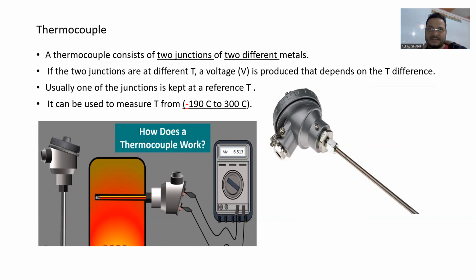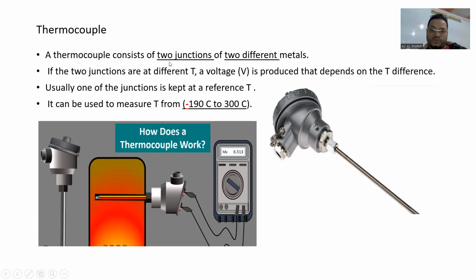It has the best advantage, in my opinion: it can determine a wide range of temperature change, from minus 190 to 300 Celsius. It's a huge range of temperature.